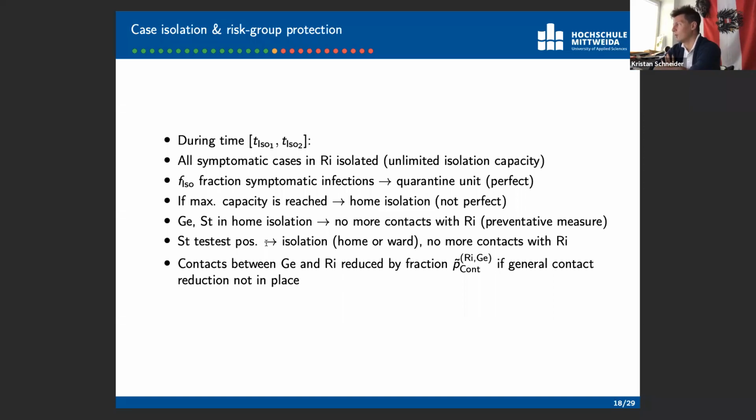Okay. Now we have contacts between the general and the risk group, although these contacts should be kind of reduced. If the general contact reduction is no longer in place, because it would be ridiculous to test the staff population on a daily basis or regularly, and avoid all infective contacts, but let everybody else from the outside world go in the facility.